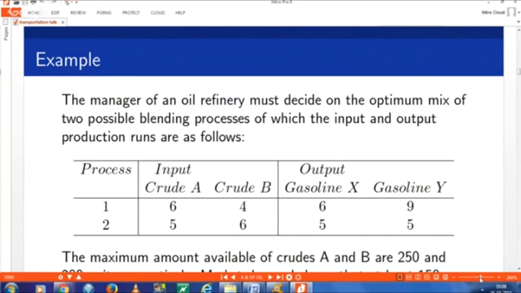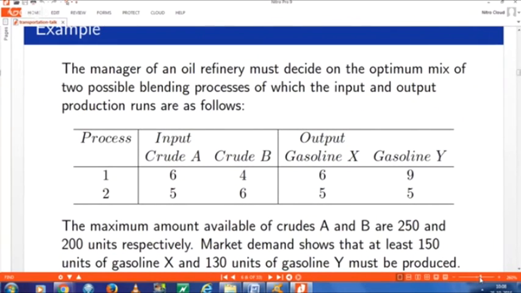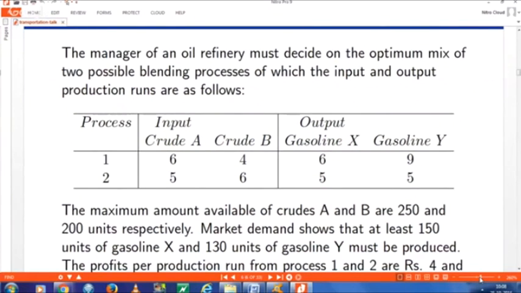Process 1 uses crude oil A and crude oil B as input and gives gasoline X and Y. These are the units mentioned for process 1 and for process 2. Then the maximum availability of crude A and B is given. The minimum units which should be produced of gasoline X and Y are also mentioned.